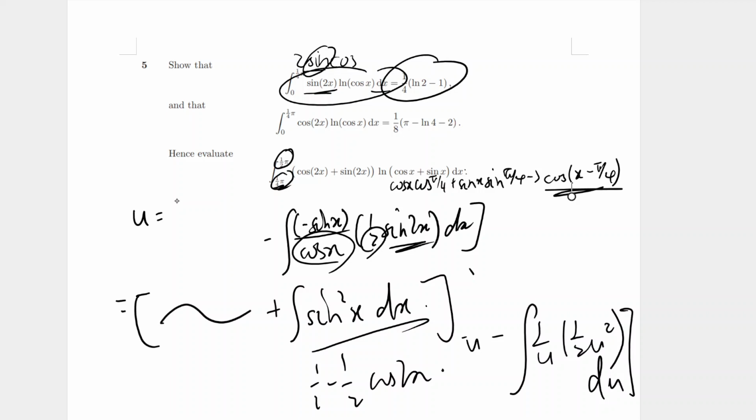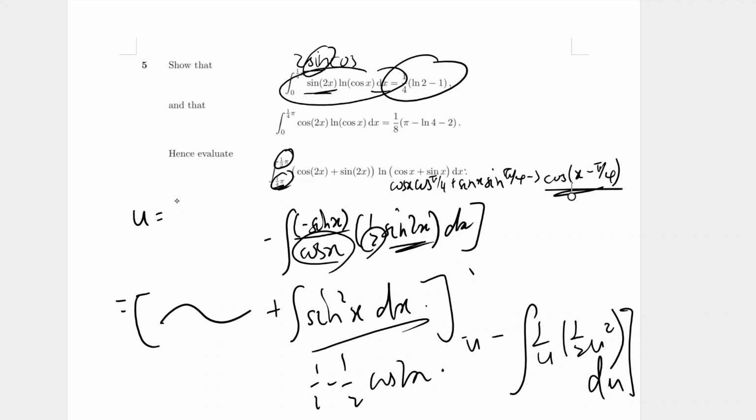Now I bracket this, ln of cosine u plus quarter pi plus sine u plus quarter pi.